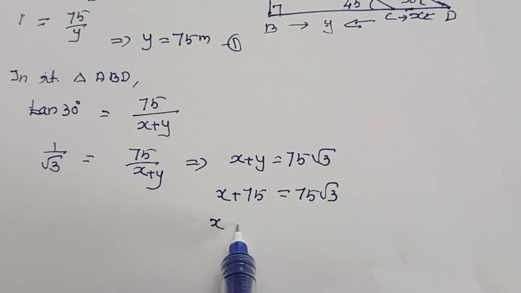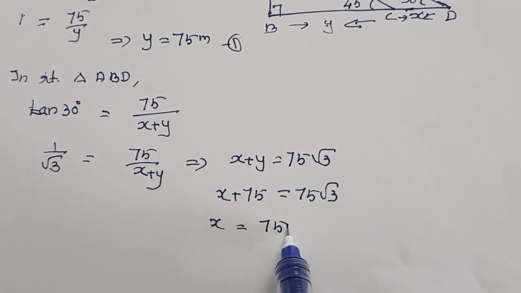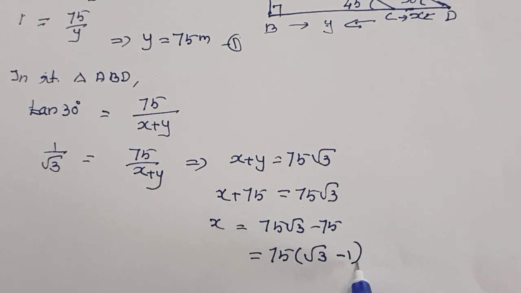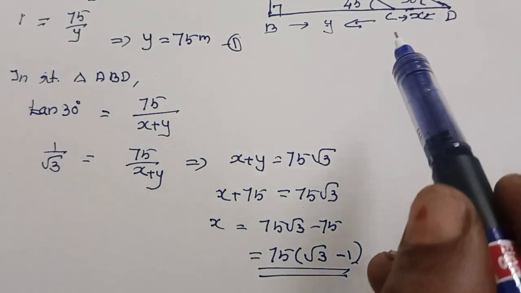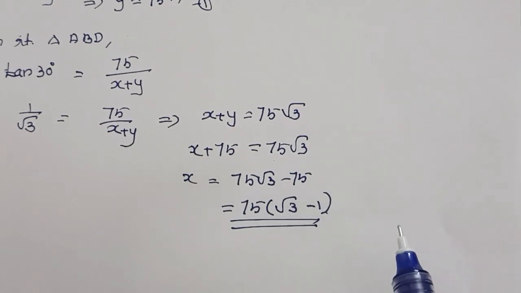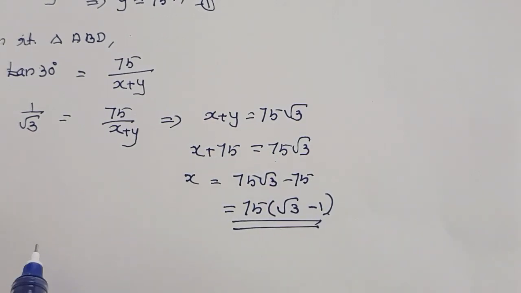Therefore X equals 75 root 3 minus 75, that is, by taking 75 outside, 75 into (root 3 minus 1). So the distance between the two ships equals X, that is 75 into (root 3 minus 1).